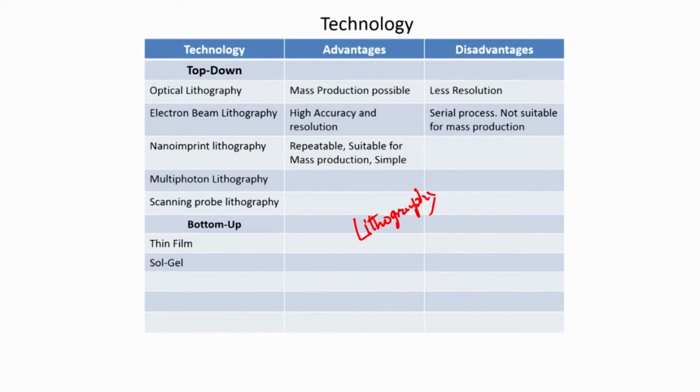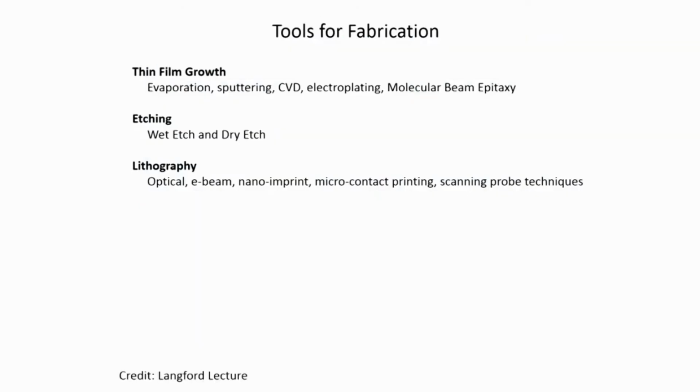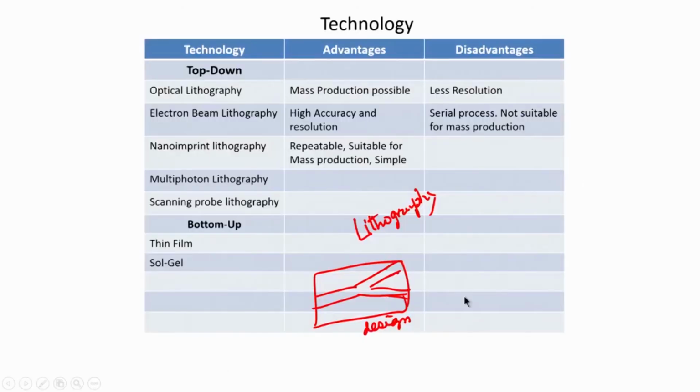Lithography is a process used to transfer a given design or pattern onto the wafer or a substrate. So, if you have a mask pattern, or if you have a design of a structure like this, for example, one of the important steps involved in the fabrication of this device is to start with the design, and then we have to translate it onto the wafer.